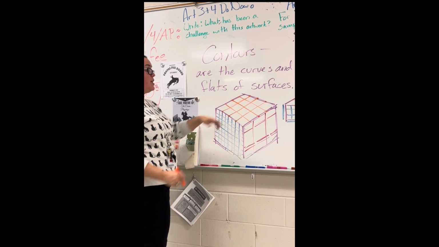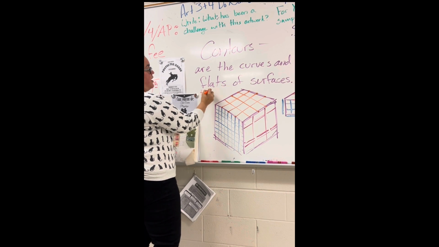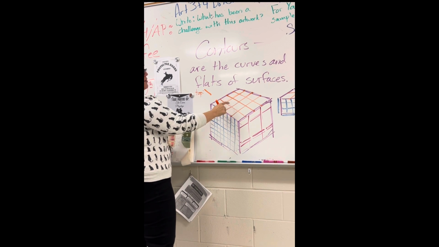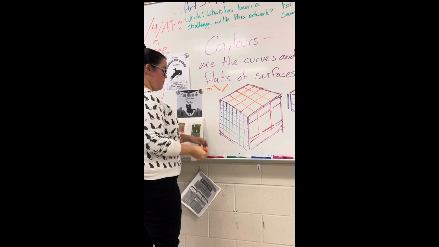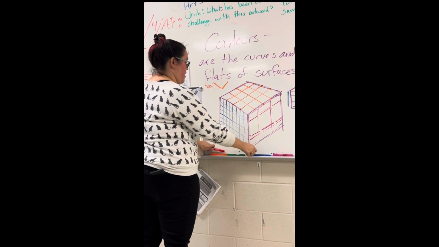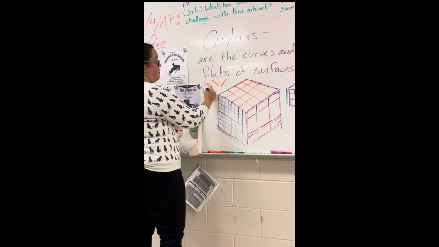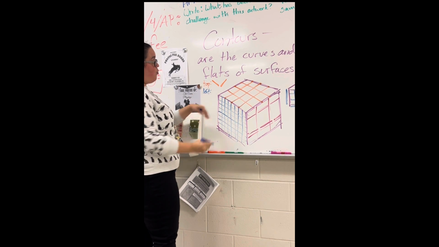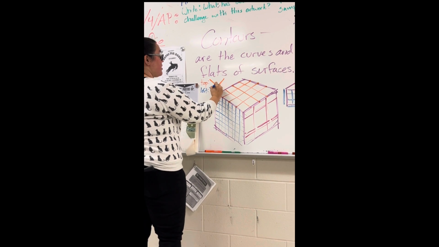Our top grid over here has lines going along one diagonal and the other diagonal. Our left side has one of those diagonals, same as the top, but the other lines are going vertically.